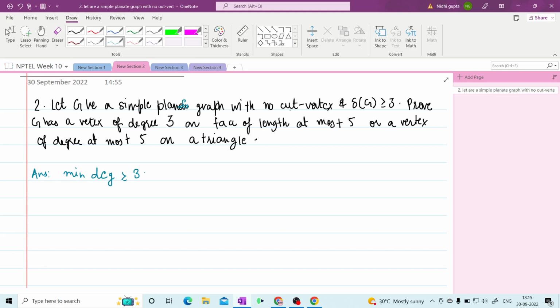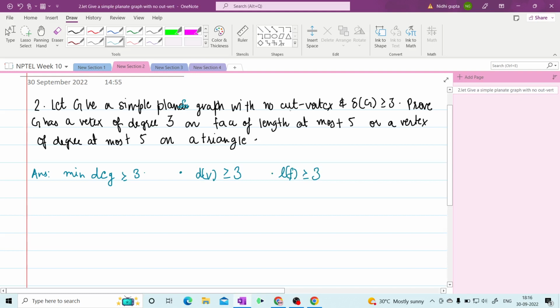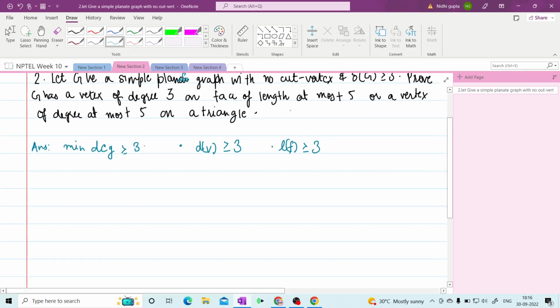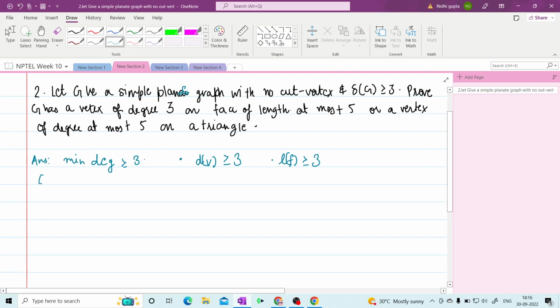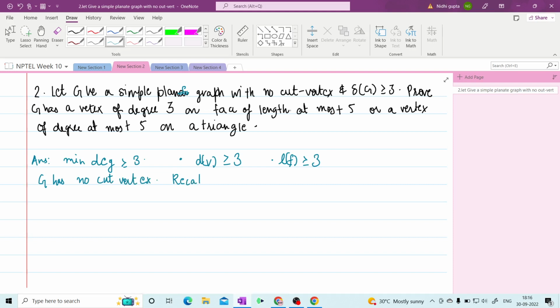So what are the conditions that we are given? The degree of each vertex is greater than or equal to 3, and we already know that the length of a face is greater than or equal to 3, because a face has at least 3 edges. And we are also given that G has no cut vertex.